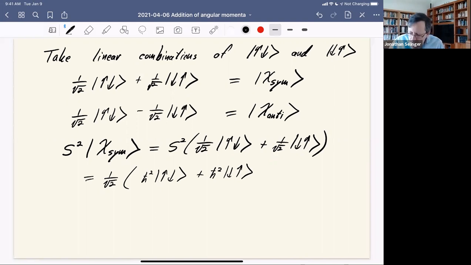Now S squared acting on the second term, on the down up, it's the same thing, so it's all this stuff times 2. So this is equal to 2 h bar squared times the symmetric state itself.